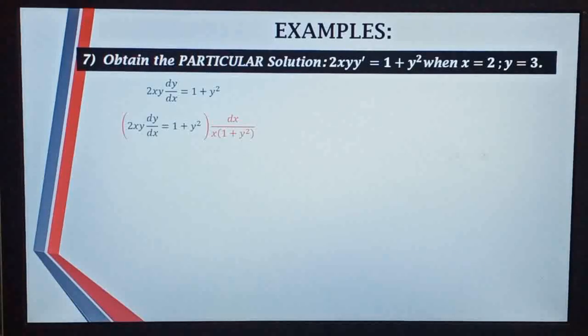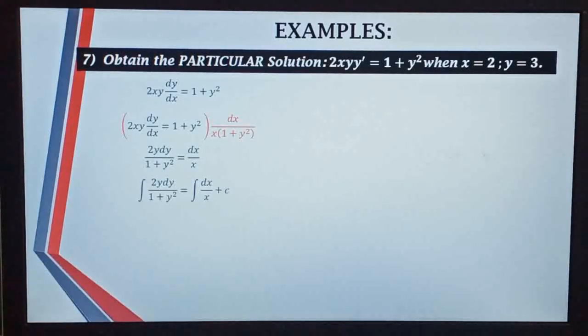So, i-multiply natin ngayon yung equation by dx over x multiplied to 1 plus y squared. So, pag ginawa natin yun, ang mangyayari sa equation ngayon is 2y dy over 1 plus y squared equals dx over x. So, magkahiwalay na ngayon si y at si x.